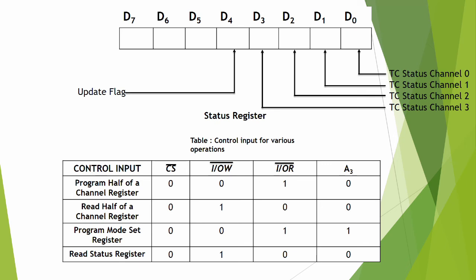Similarly, if D1 is 1, then the terminal count status for channel 1 is reached, and if all terminal counts are reached, in that case the bit D4 update flag will be 1.